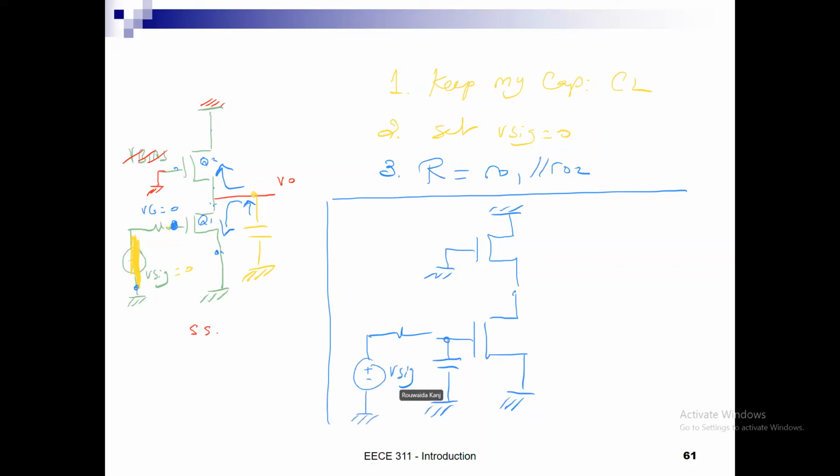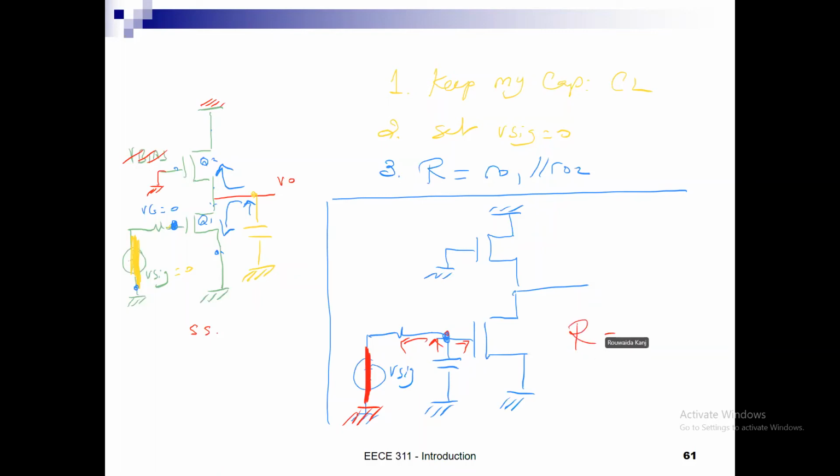Okay, and we ask you, tell me what is the resistance, what is the time constant, and what is the 3 dB frequency. What do you do? First, you set V sig to 0. Then you will say, well, if this capacitor is sending a current, it will flow in this direction and in this direction. What is the resistance seen by this capacitor?